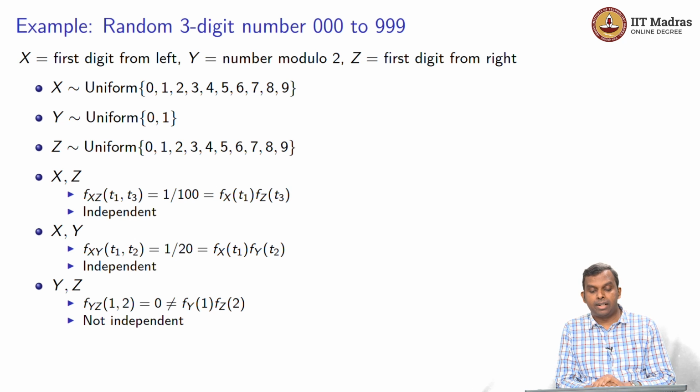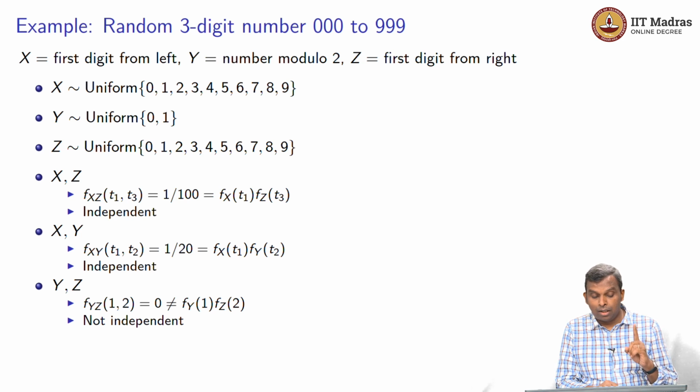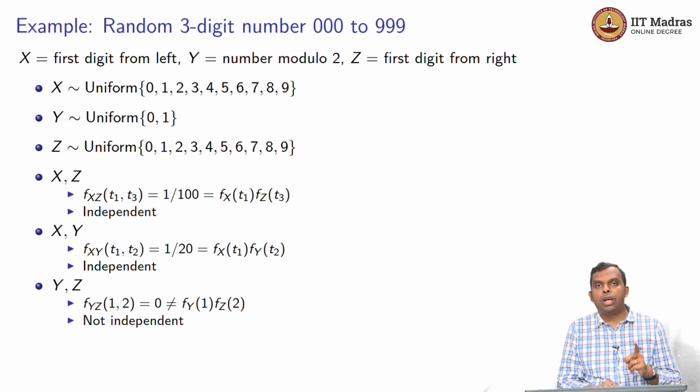You'll see it's 1 by 100, and that's exactly the product of the marginals, 1 by 10 into 1 by 10, so the equality is satisfied. So X and Z are independent. Likewise, you can show X and Y are also independent. But if you look at Y and Z, you will see that they are not independent. Once again, remember, how do you check something is not independent?